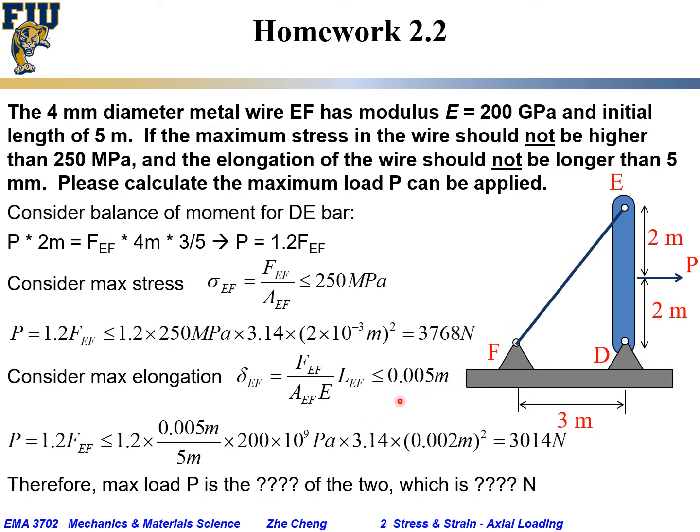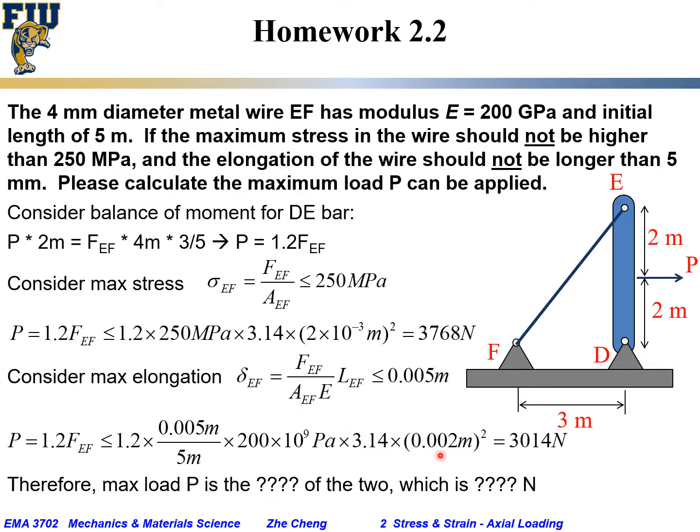So this whole thing has to be smaller than 0.005 meter, which is 5 millimeter. As a result, P would be equal to 1.2 of FEF, and FEF has to be smaller than 0.005 divided by LEF, times A times E, and E is 200 gigapascal, 10 to the power of 9 pascal, and A would be, as we said before, pi times R square.